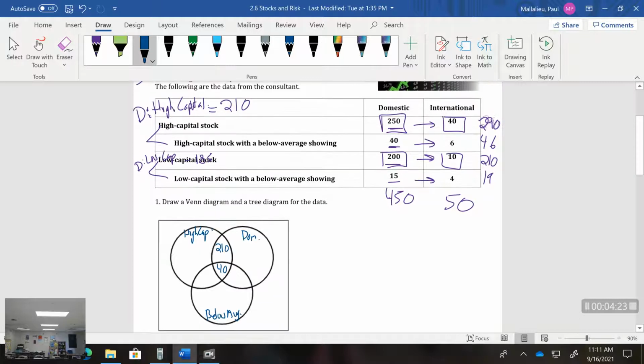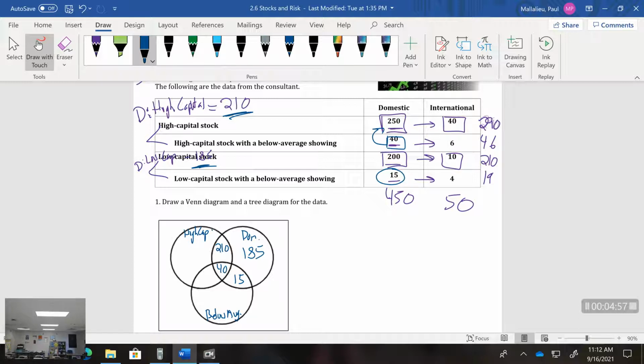Those numbers come from our high capital that we subtracted a minute ago, and 210 plus these 40 gives us our total of 250. That's where we get those two numbers. Domestic by themselves, we just said that was 185, so we can write that here. That falls into the low cap. We got 15 for our low cap and domestic, so that would go right here because those are all falling under the domestic category.